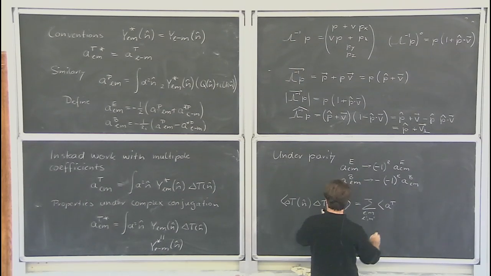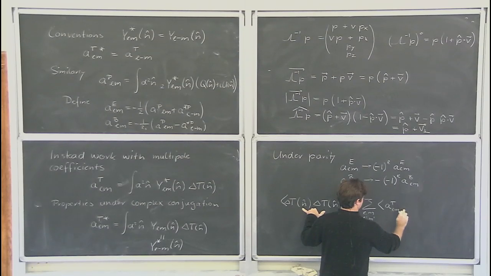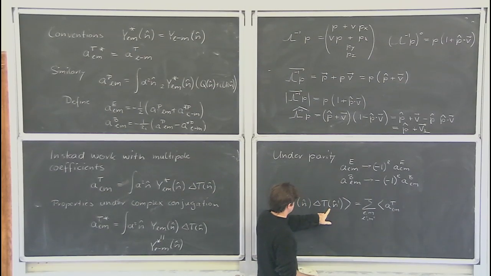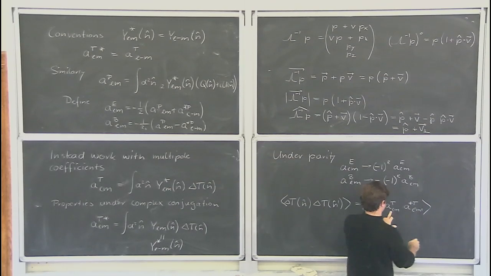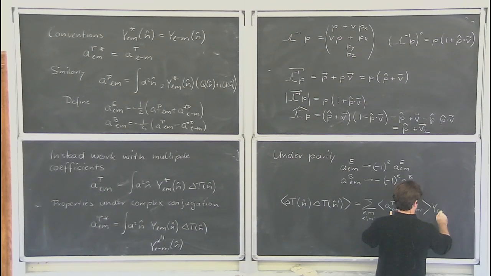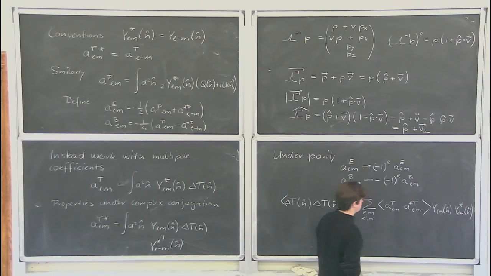The first one is, let's call it A_T_LM. And then the second one, without loss of generality, I can call it A star as long as I keep track of what I'm doing with the spherical harmonics, L prime, M prime. And then this one here I should write as Y_LM of n hat without the star. The other one should have Y_L prime M prime star of n hat prime.